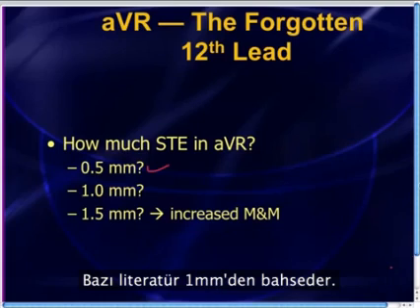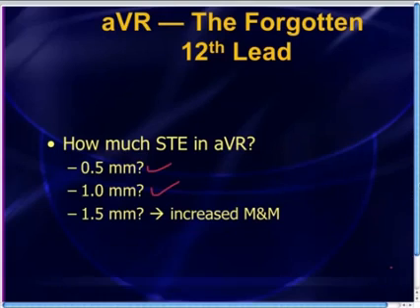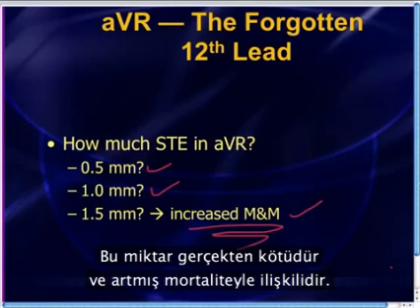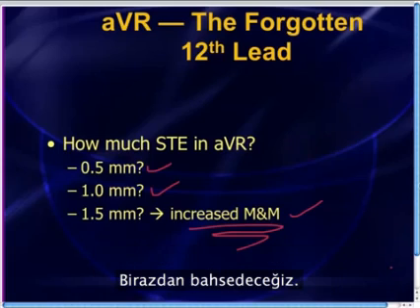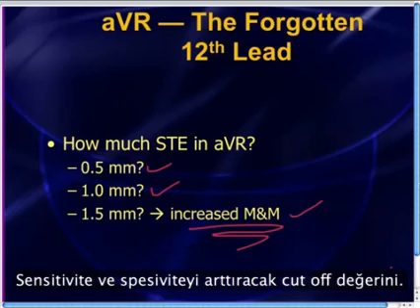Other literature points more towards 1 millimeter. There's some literature actually saying if it's 1.5 millimeters or more, then it's really bad, and there's actually an increased mortality over what we'll talk about in just a little bit. Nobody's really come out and done good research to try to figure out what the actual cutoff is, which will maximize your sensitivity and specificity.